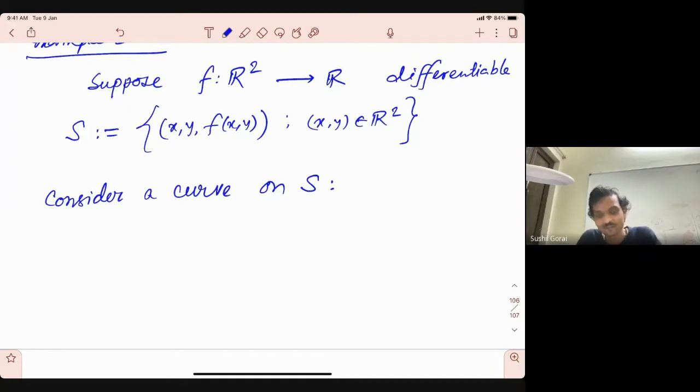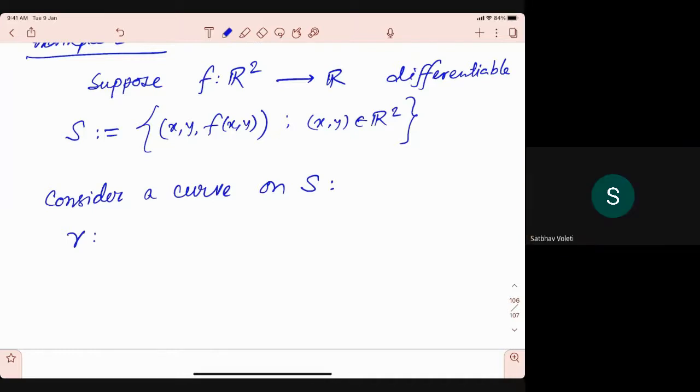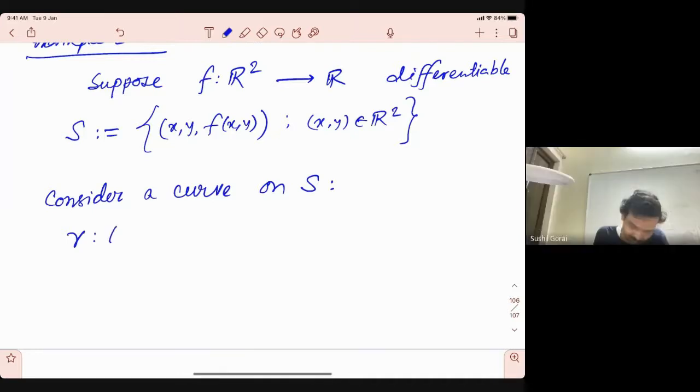We want to consider a smooth curve on the surface. Let's say gamma, a curve from, let's say, [0, 1] to S, continuous.